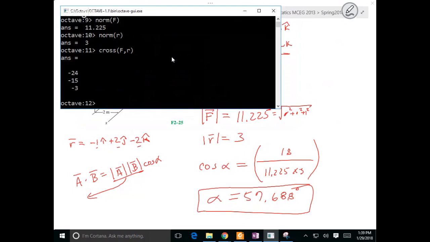When we get to moments, I use this a lot because instead of scratching on the page, you just type it in. It can send you through your work real quick if you just rely on dot, norm, and cross a lot of times.